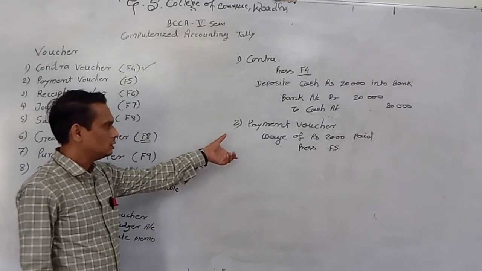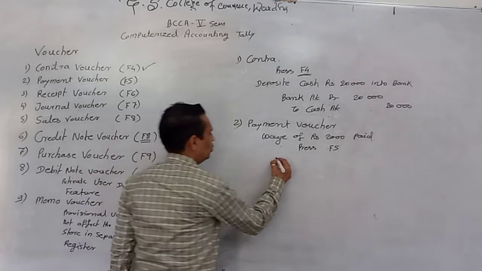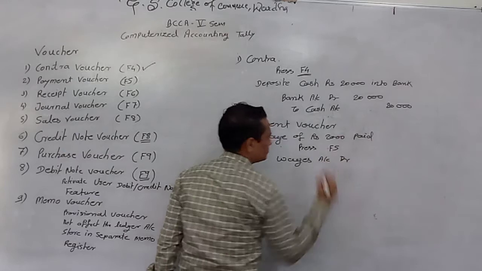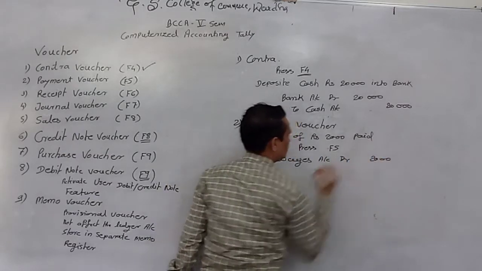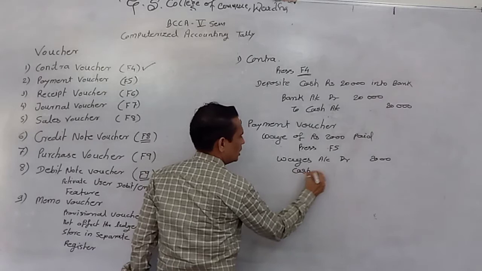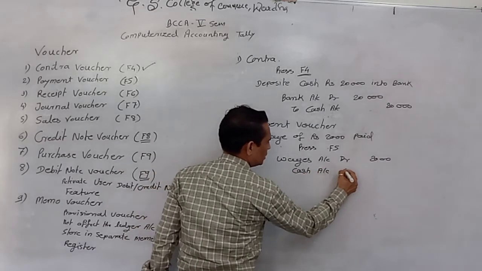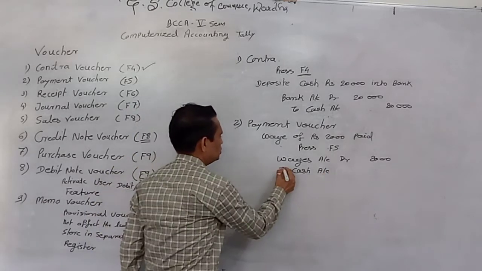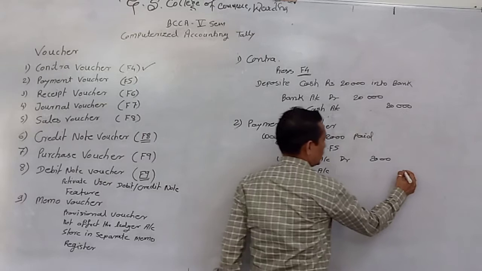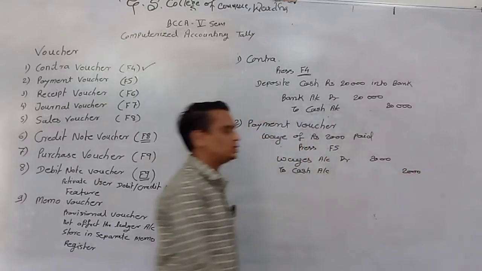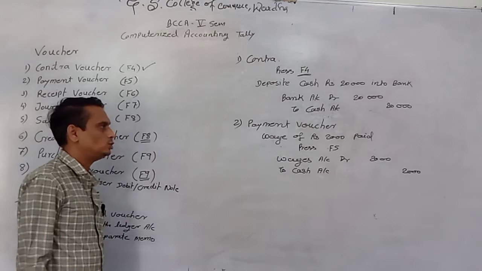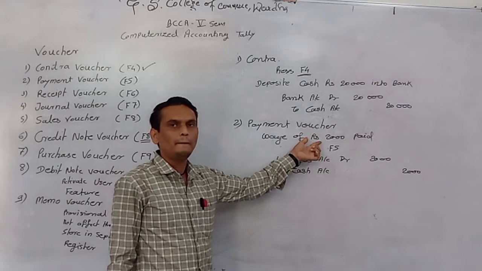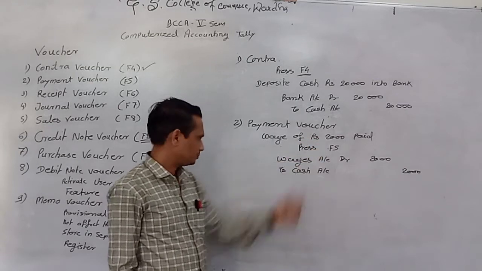So recording this payment voucher, for example: wages account debit 2,000, to cash account credit 2,000. So wages account debit to cash account 2,000, and this entry can be made in a payment voucher because cash will be paid for expenses.